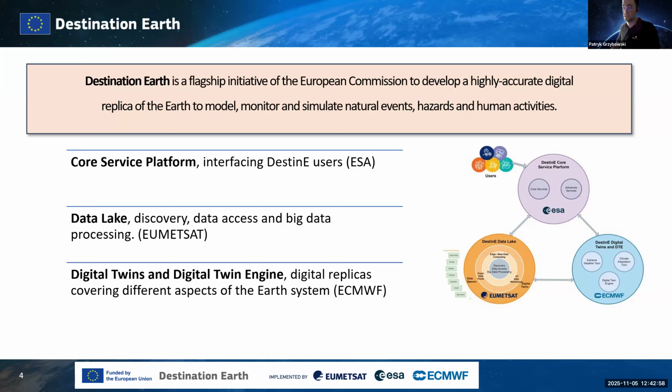Then the data lake is a place which provides you tools to deal with the data, infrastructure, also the data itself, the tools which help you discover and access this data, including harmonized data access, which will be introduced in the next minutes.